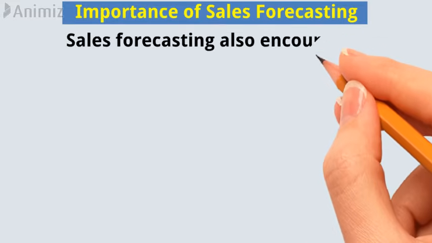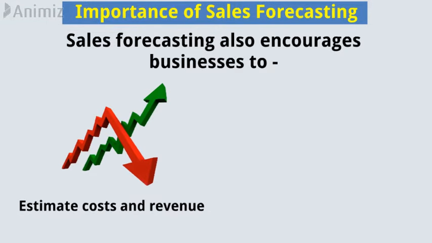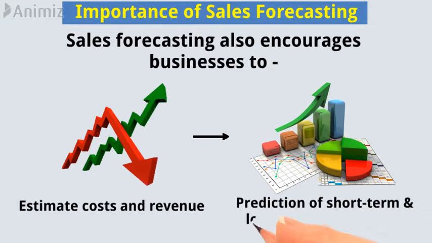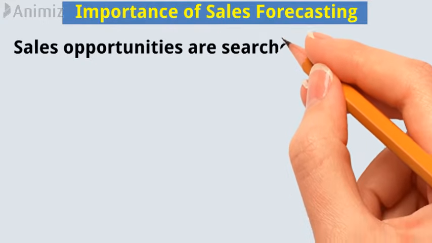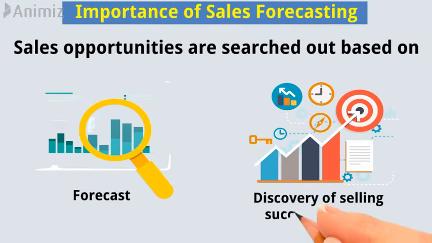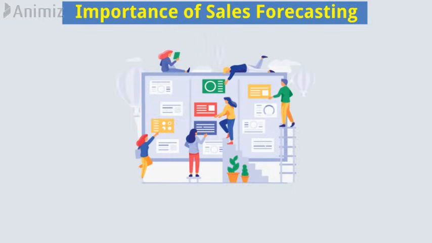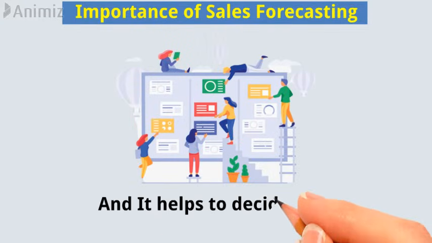Sales forecasting also encourages businesses to estimate their costs and revenue precisely, based on the prediction of their short-term and long-term performance. Sales opportunities are searched out based on the forecast, and therefore the discovery of selling success is made. It helps in preparing production and purchasing schedules, and it helps to decide policies.